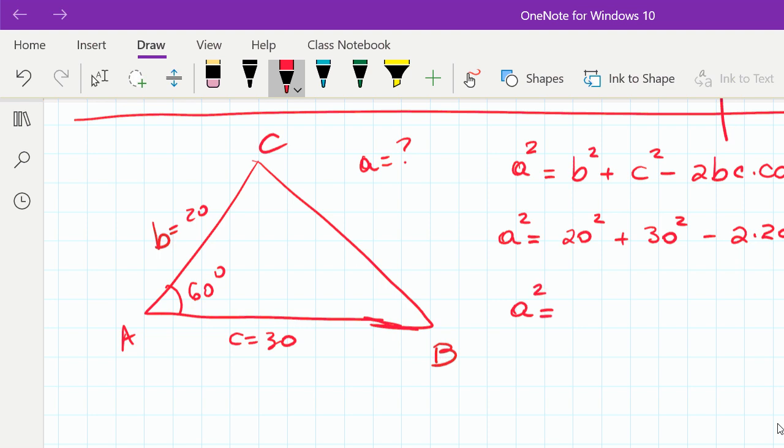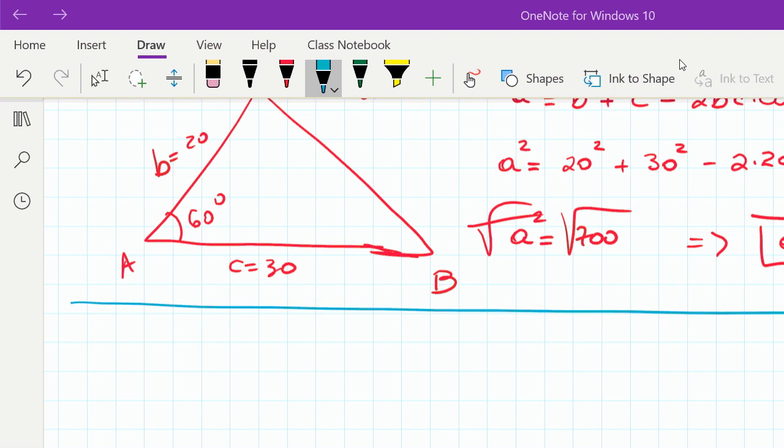From here, a squared will be equal to 700 if you go with a calculator, and then taking the square root of both sides, we'll find that a is 26.5. This is applying cosine law.